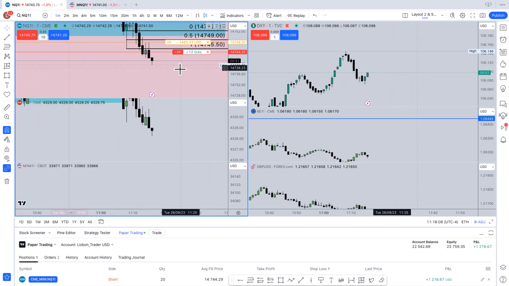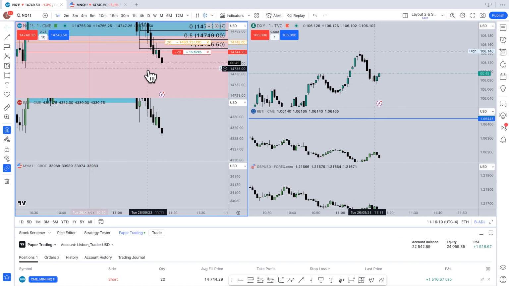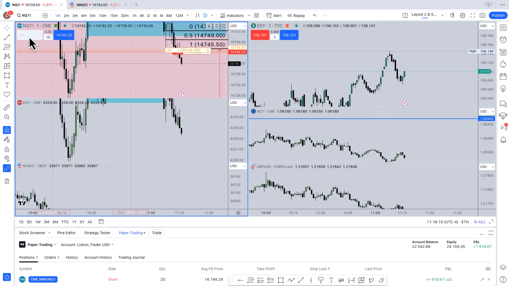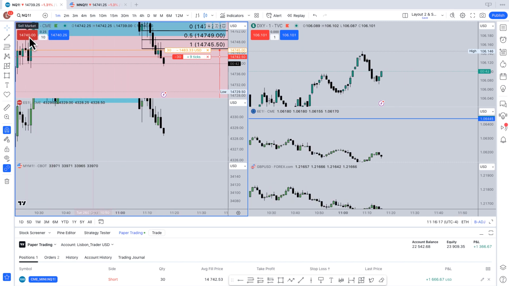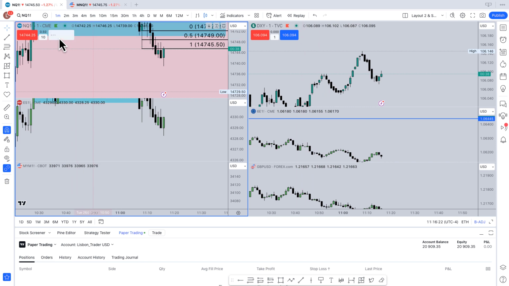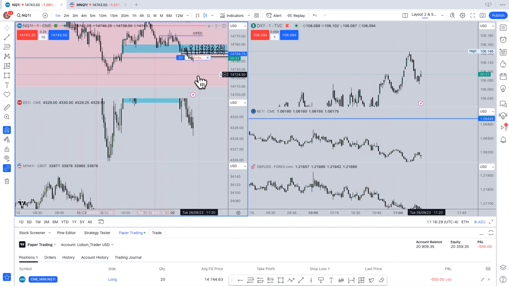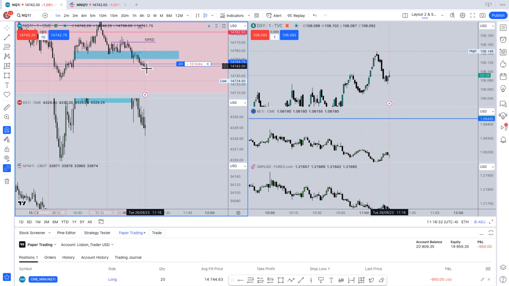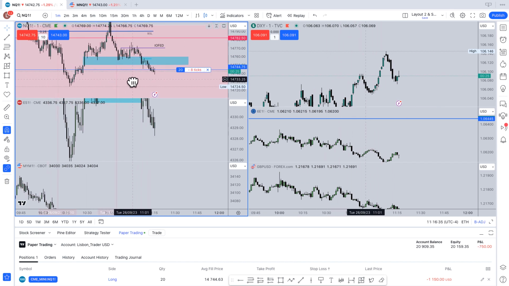This thing wants to dive deeper. Yeah. So the original plan was to buy those buy stops after this, and then this is the head and shoulder. So instead of going lower, this might want to go higher.